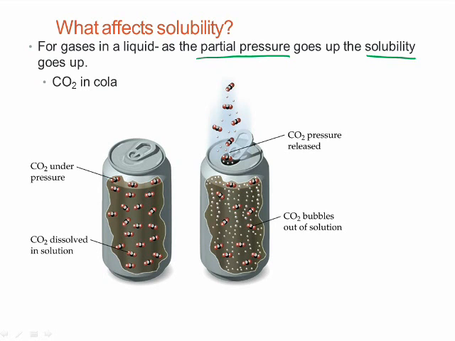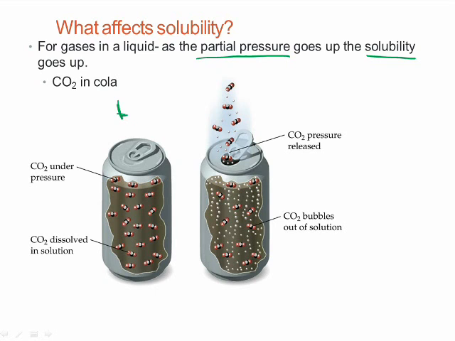Now, what happens when we open that can? The pressure goes way down because it becomes equalized with the outside pressure. That pressure is released once we open that can.